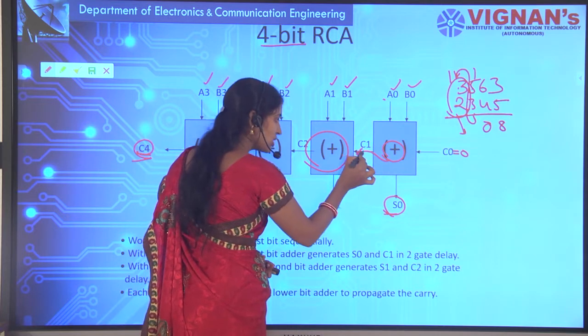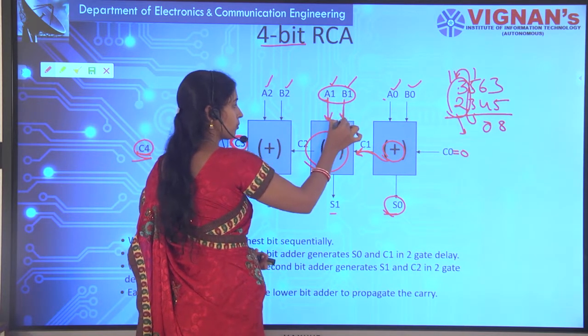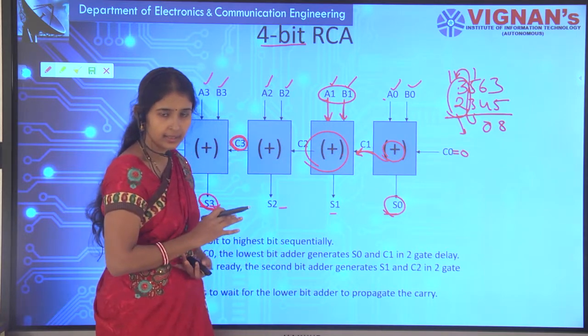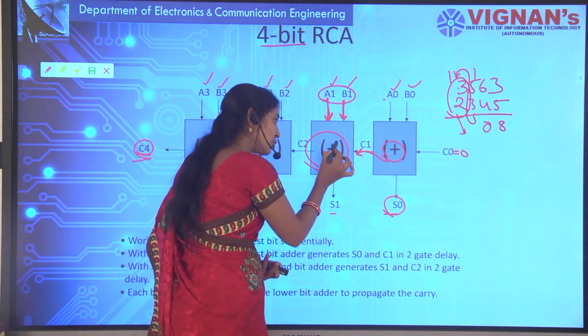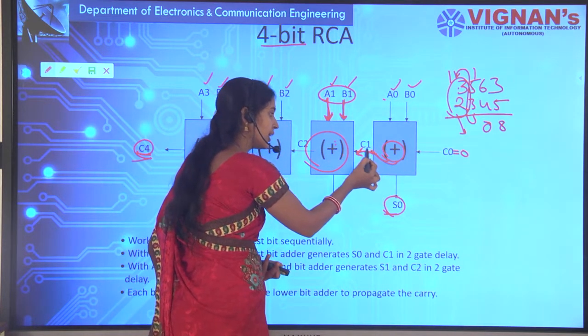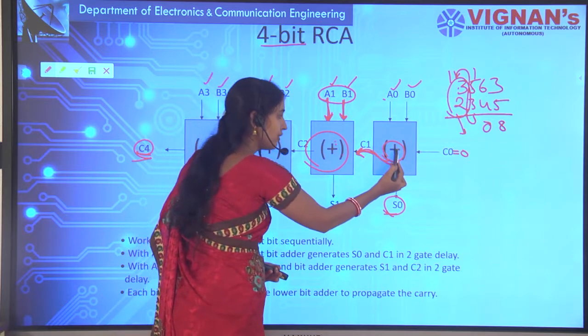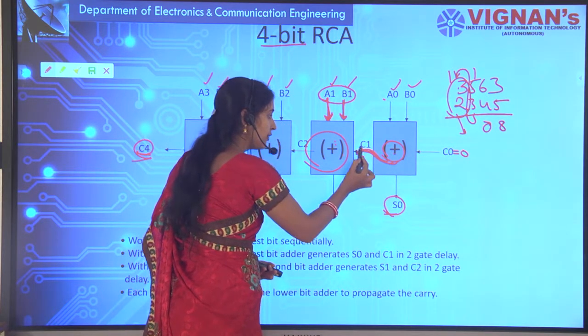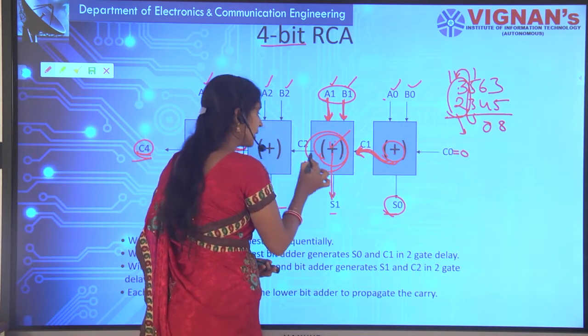Even though its inputs are available, it has to wait for C1 to be generated and provided to it. Whenever C1 is generated and given, only then does it perform addition and provide sum and carry.